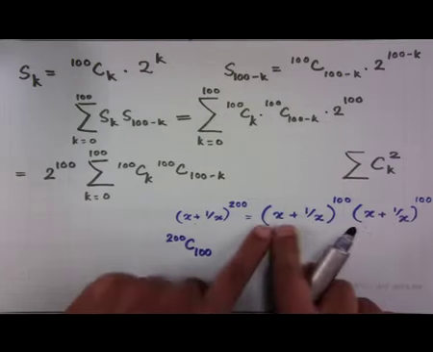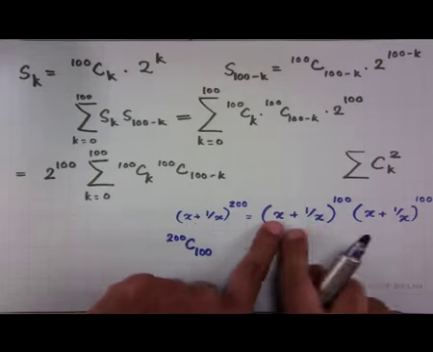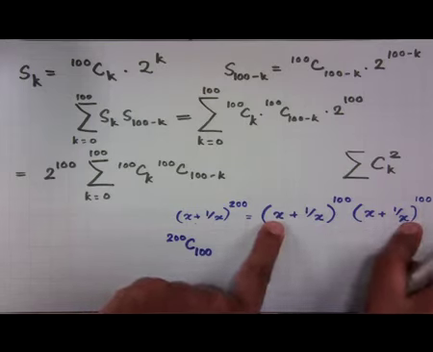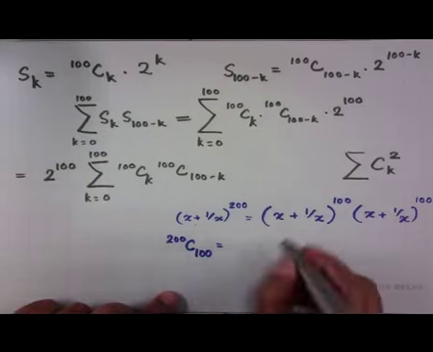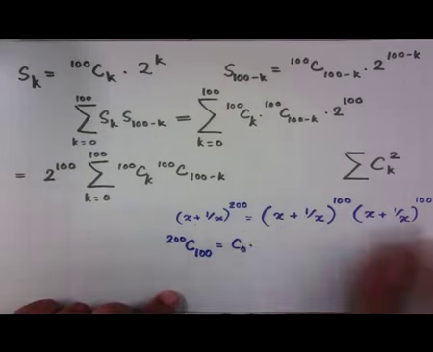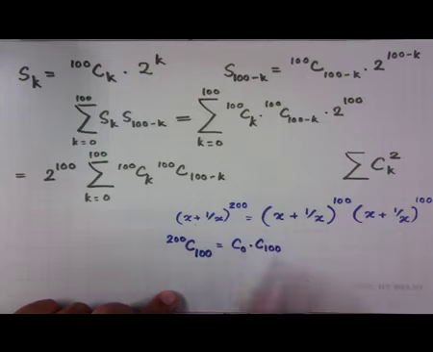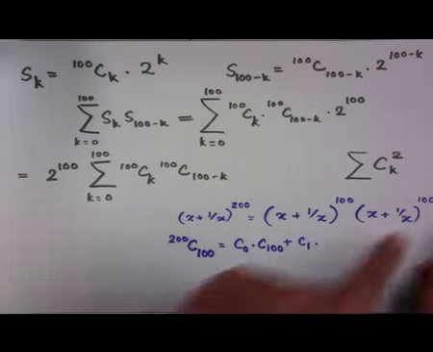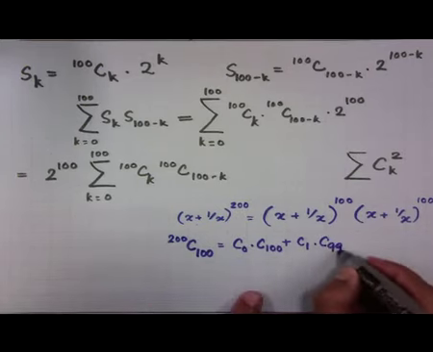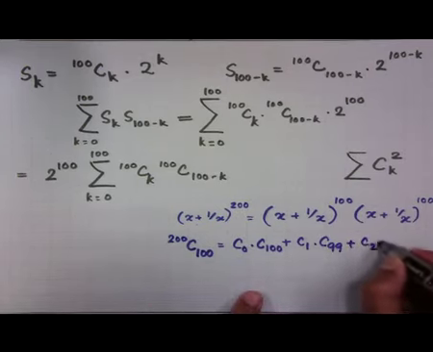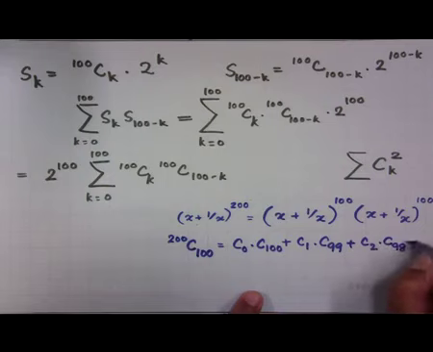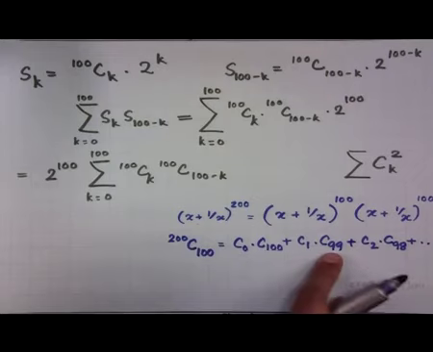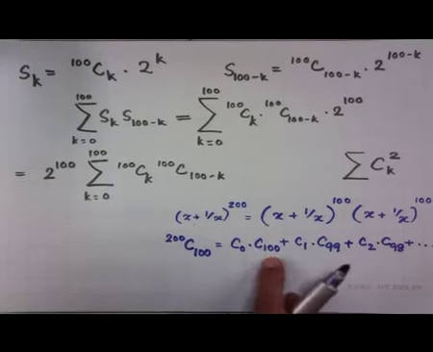So, for example, if you have x power 100 over here, you need 1 by x power 100. So, that is C 0 times C 100 plus C 1 times C 99 plus C 2 times C 98 all the way down, and it so happens that C 99 is equal to C 1, C 100 is equal to C 0.